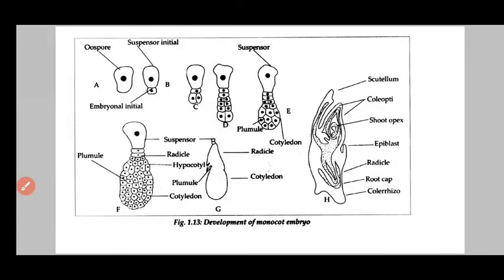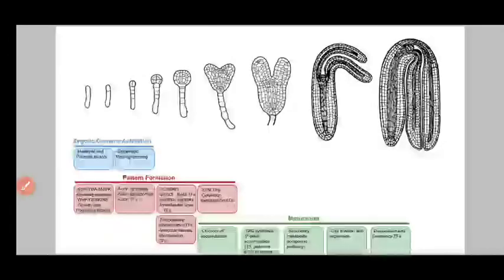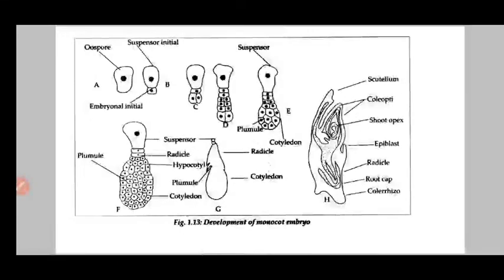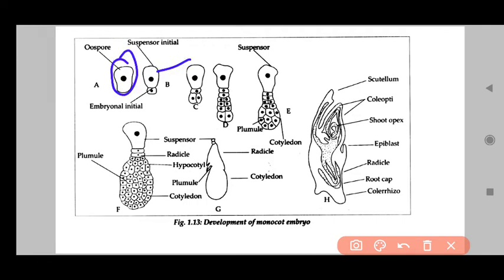So this is the development of the dicot embryo. You may know how the dicot embryo forms. Such a process also takes place inside the monocot embryo, but the cotyledon is different, with the presence of a single cotyledon. Let's discuss how it forms. Firstly the oospore is present, that is the zygote, which forms the apical cell and basal cell.